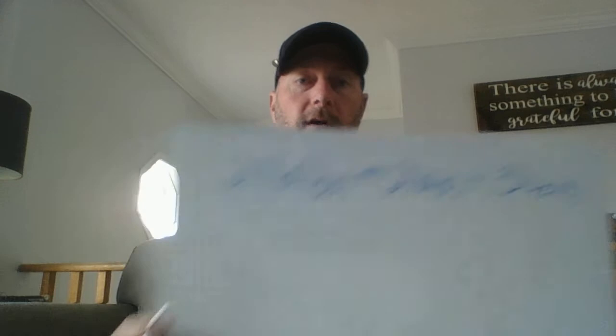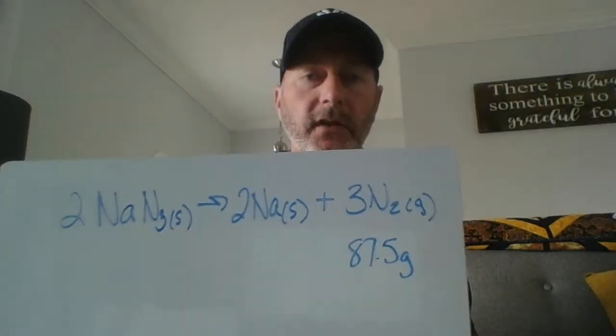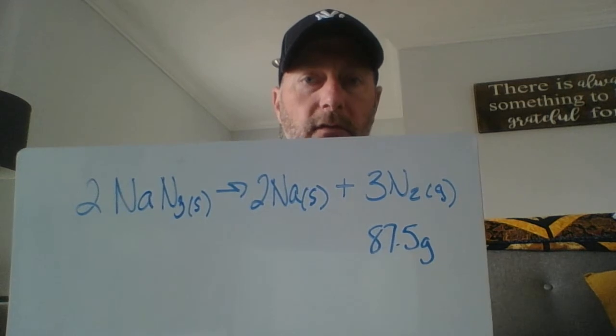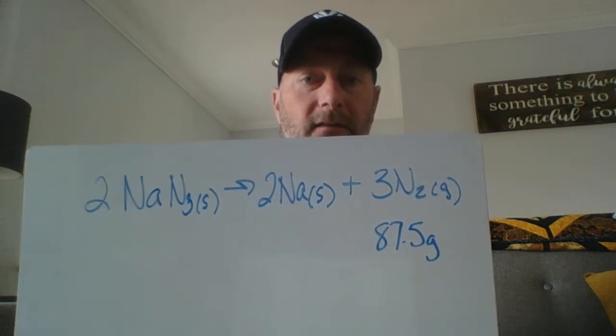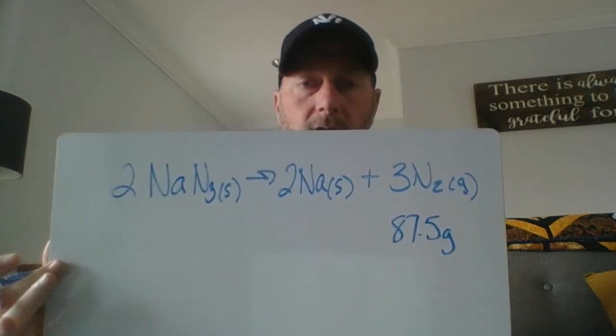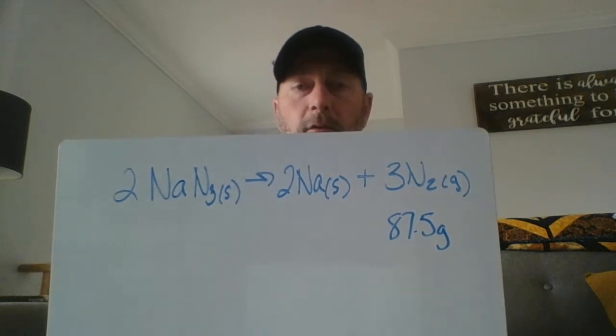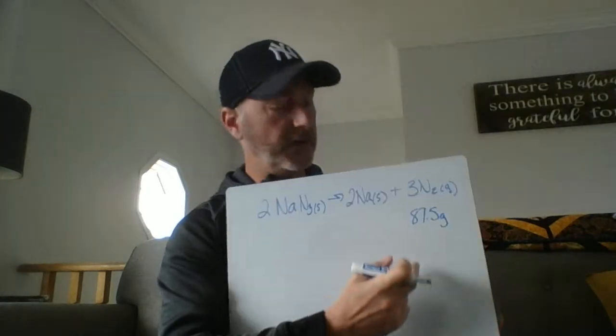What we're looking for is, if we've got 87.5 grams of nitrogen, what mass of sodium azide was present in that reaction? So we've got the mass of one piece.